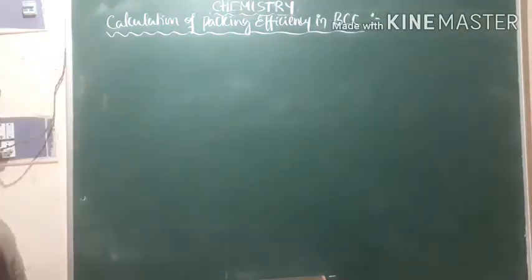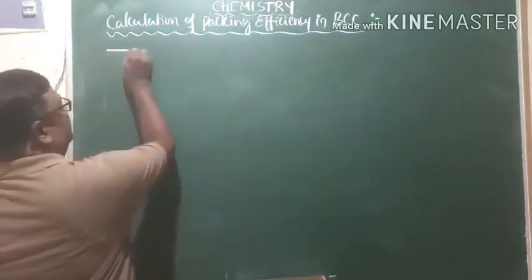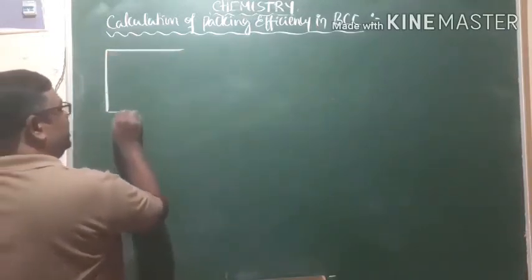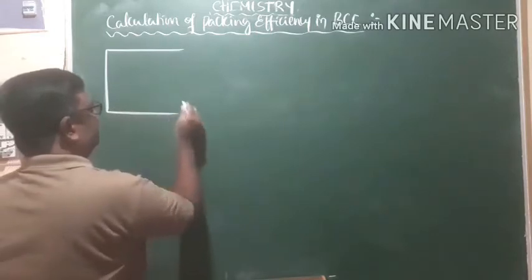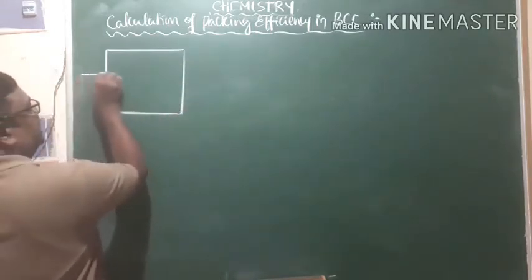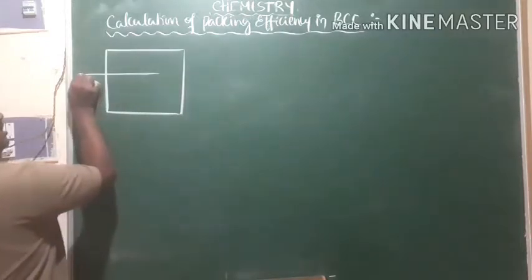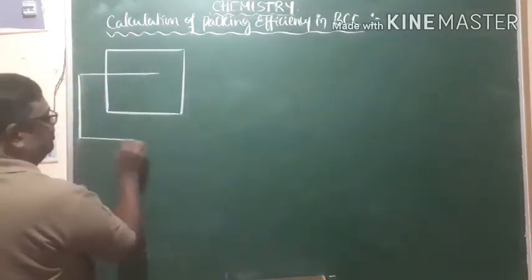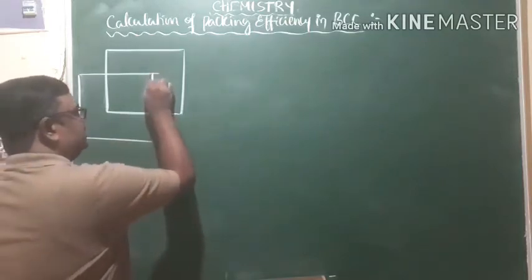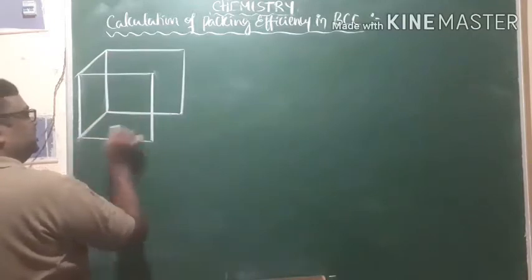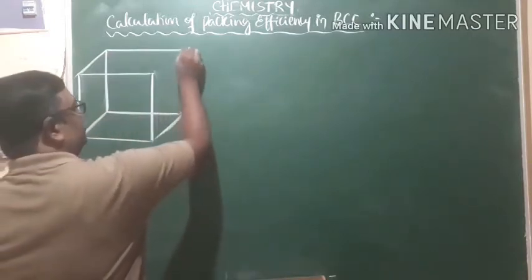For that purpose you consider one body centered cubic lattice first. I am writing it again and again so that you can learn how to draw this diagram. I am writing the body centered cubic unit cell first, then I will go for the calculation.